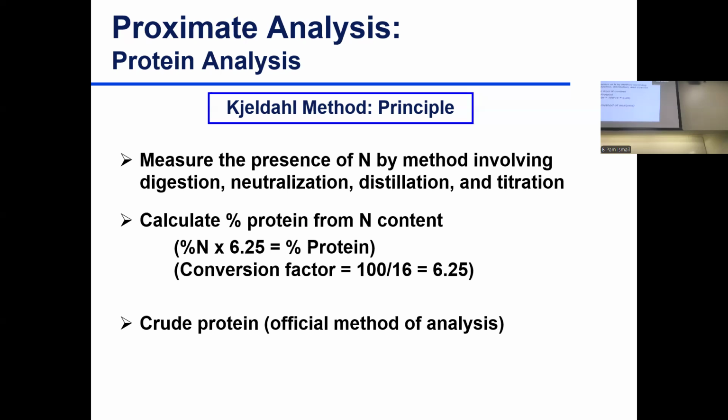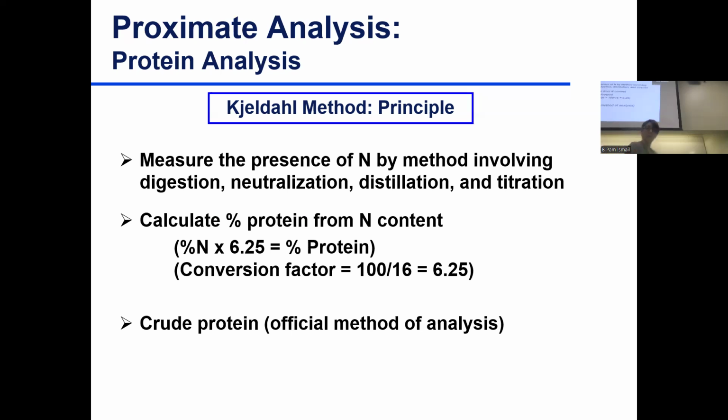So nitrogen exists in certain compounds or molecules. So not all nitrogen in your sample is coming from protein. So when you have nitrogen coming from other sources and you take that conversion factor, assuming that all nitrogen is coming from the protein, this is why it's crude. It's not the true content of your protein, but close to it.